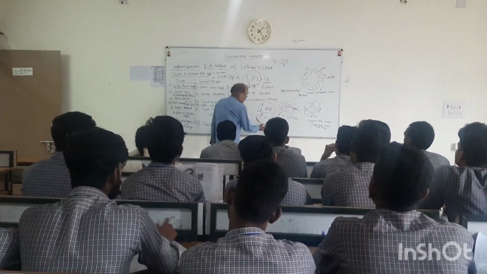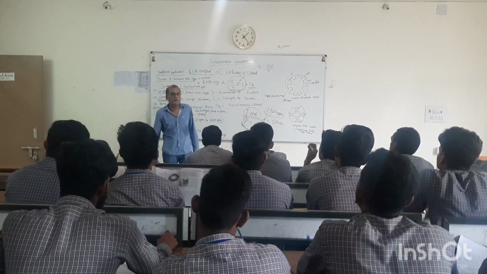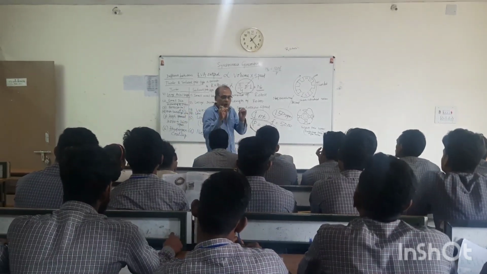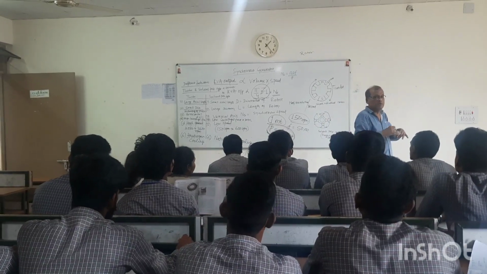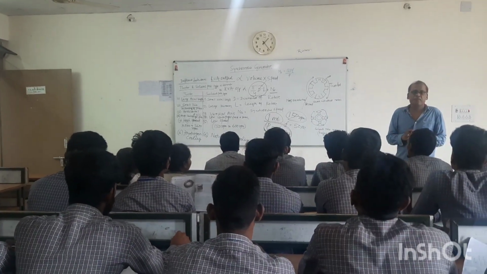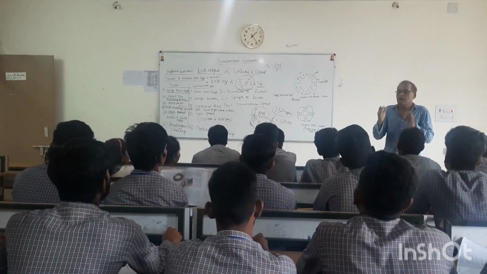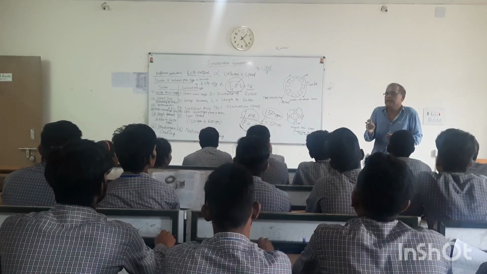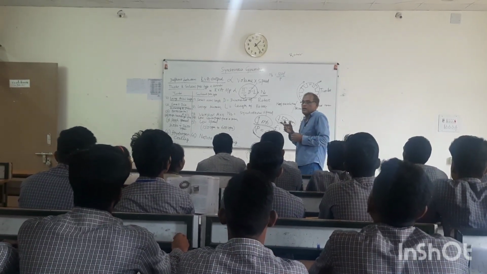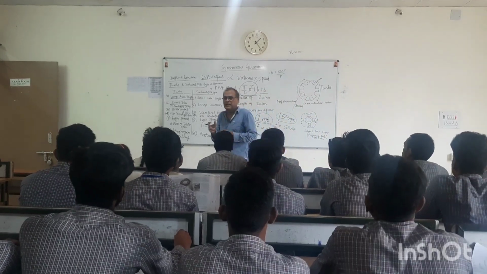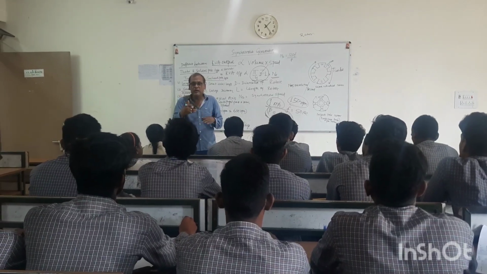So we have to indirectly increase the diameter to accommodate the large number of poles. The size of the rotor will be very, very large. That's why the diameter of a salient pole type alternator must be very large, and it will gradually reduce as the speed increases.